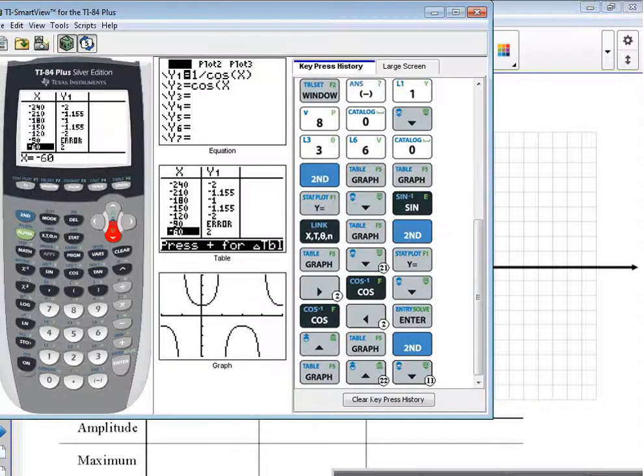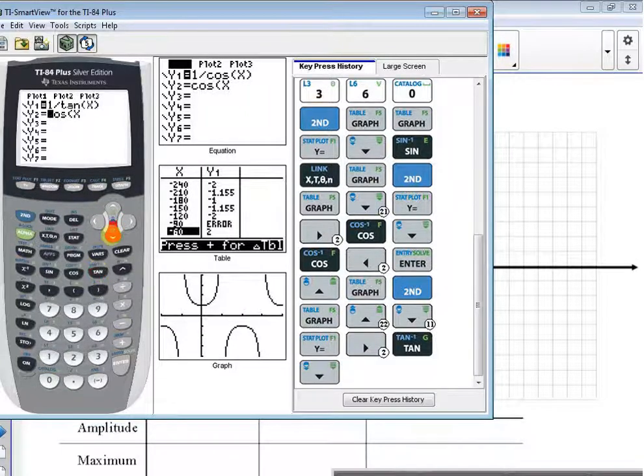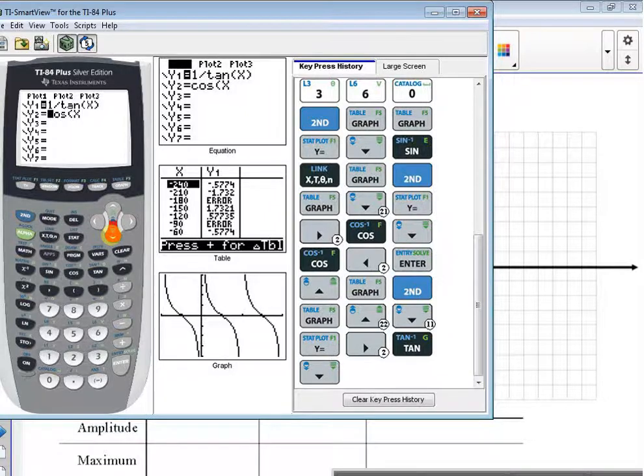So that's what I'm going to graph, 1 divided by tan x. And here I'm going to do, it's actually, sorry, it's cosine divided by sine.